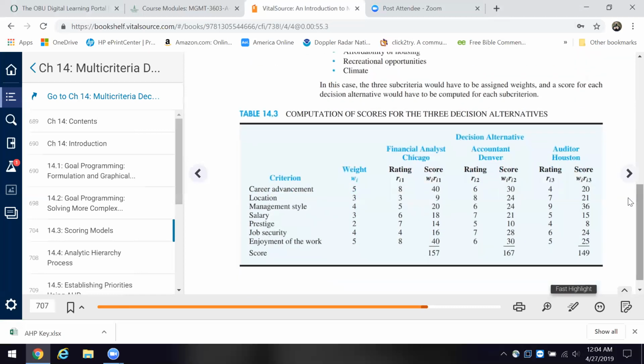And then the authors walk us through table 14.3, the computation of scores for the 3 decision alternatives. And you can see them.